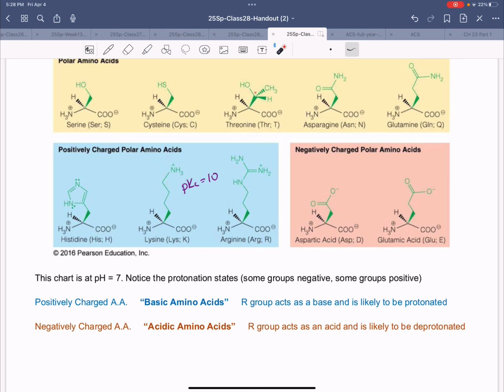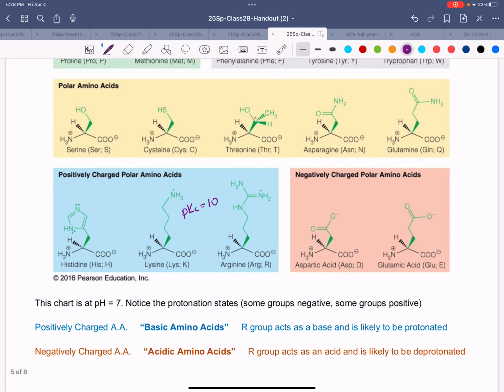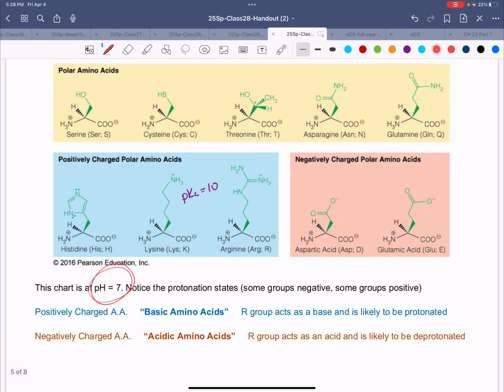Or is that the border between lysine being neutral and then negative? Well, here it's already positive. This whole chart, by the way, is at pH 7. So let's think about it.